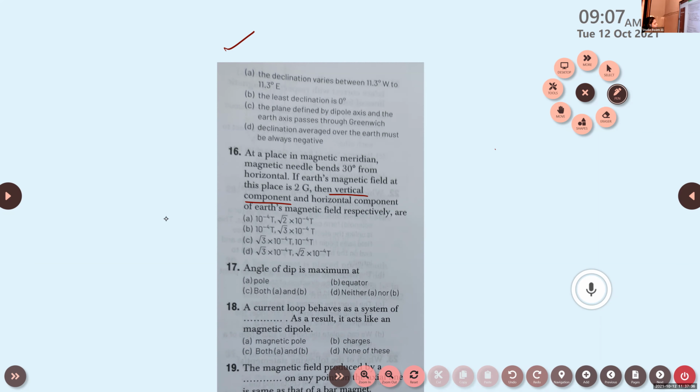ZD is equal to BE sin I. Yes, very good. ZD is equal to BE sin I. Therefore, ZD is equal to, here BE, Earth's magnetic field, is given as 2 Gauss. We need to convert it into Tesla. So 2 into 10 raised to minus 4 into sin I. What is sin I?